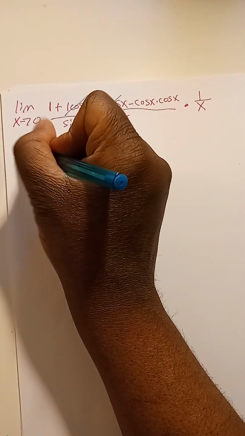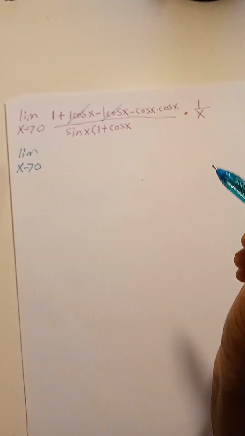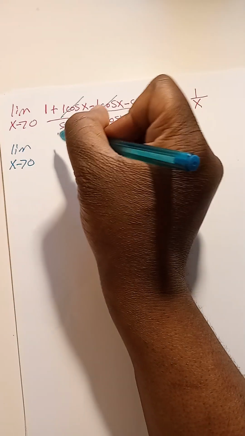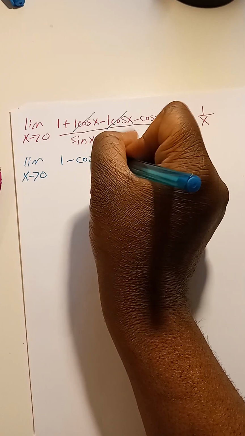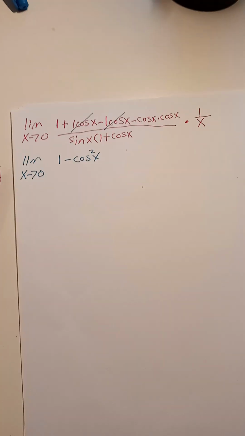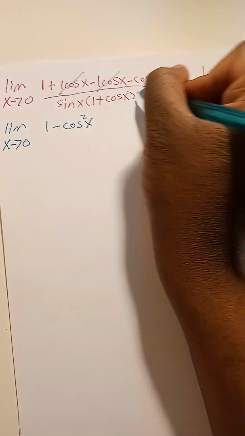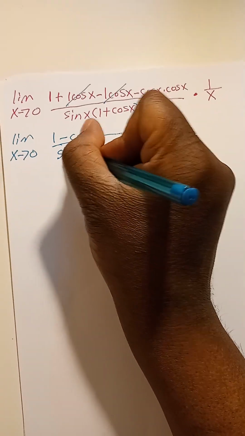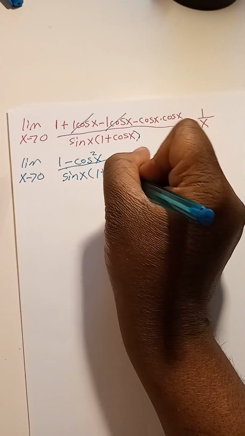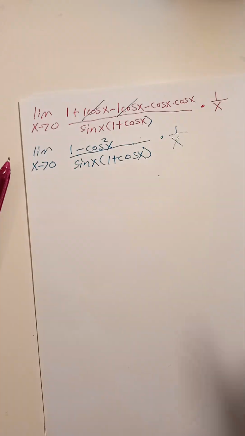And so the limit as x goes to 0 of 1 minus cosine squared of x, because cosine of x times cosine of x is cosine squared of x, and then divided by sine of x times 1 plus cosine of x, and then multiplied by 1 divided by x.